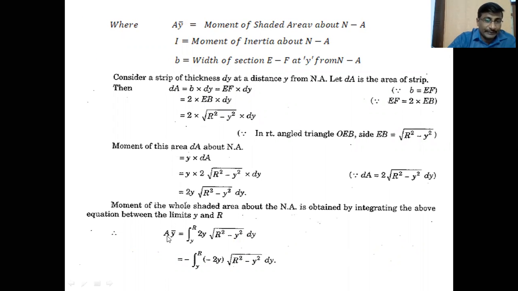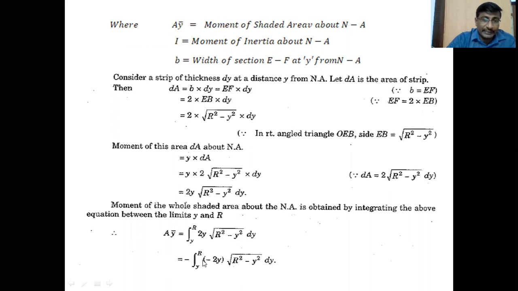So A y bar becomes the integration from y to r of 2y times the square root of r square minus y square into dy, multiplied by minus 2 times, which doesn't change the equation, since minus into minus is plus. So minus integration from y to r, with one of the minus inside the integration, minus 2y square root of r square minus y square dy.